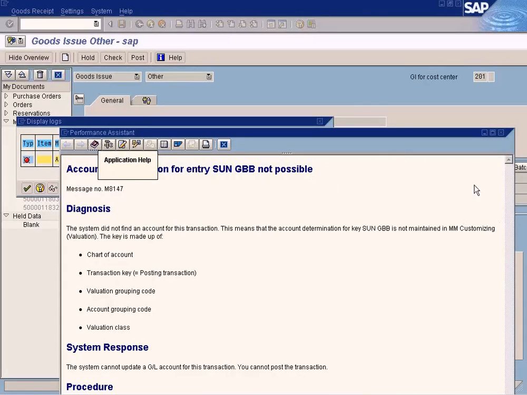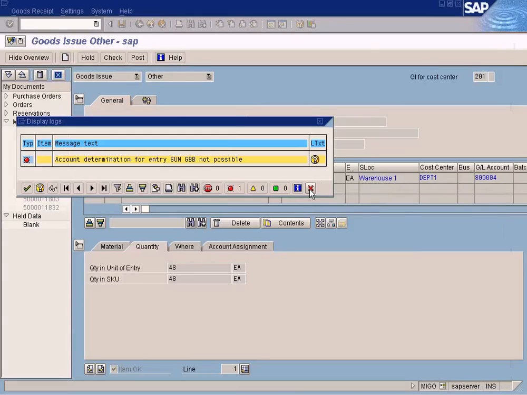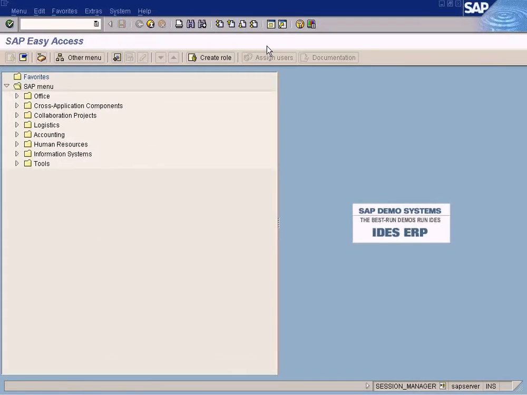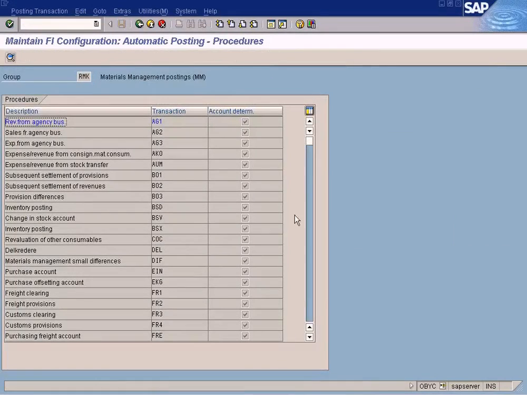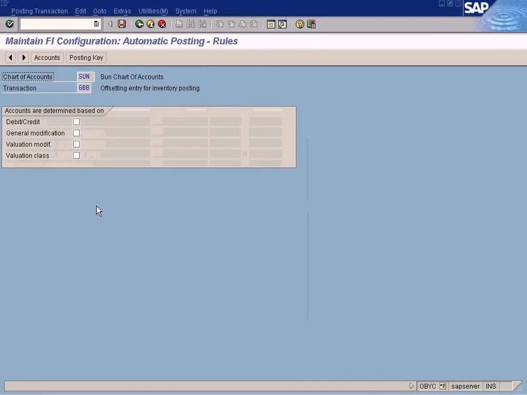Account determination for Sun GBP not possible. What is this? Alright, you need to specify an account for this GBP transaction key in your OBYC for the offsetting postings. Okay, let us do that now. Let me go to OBYC.